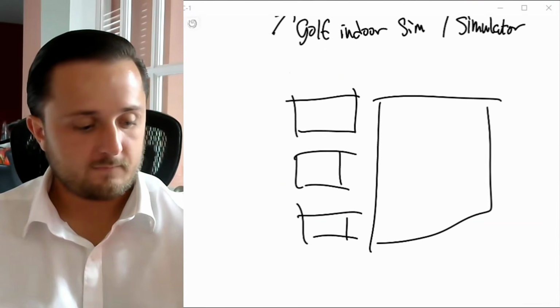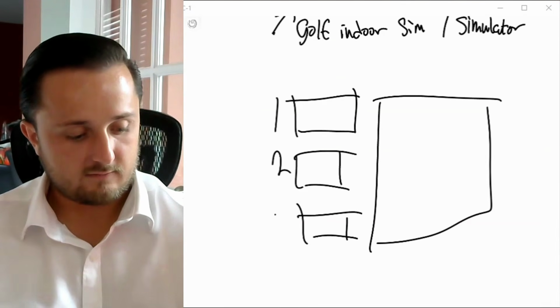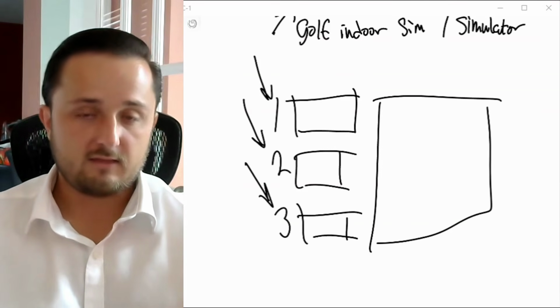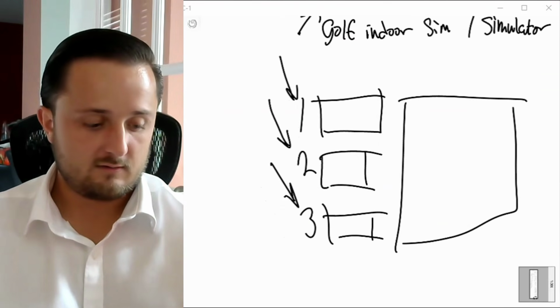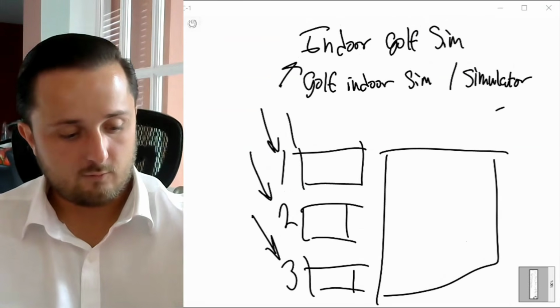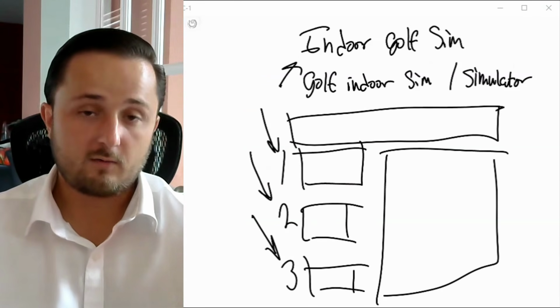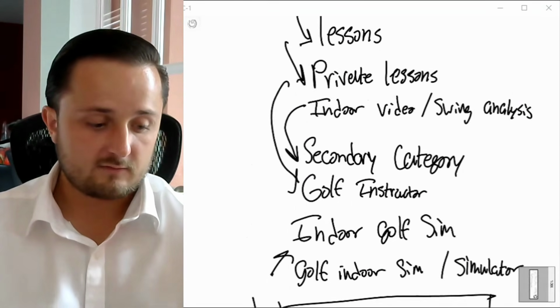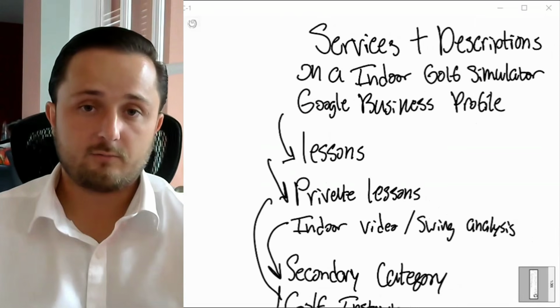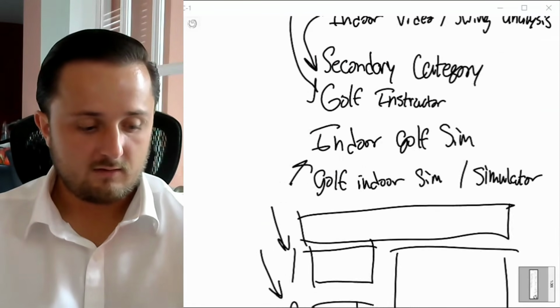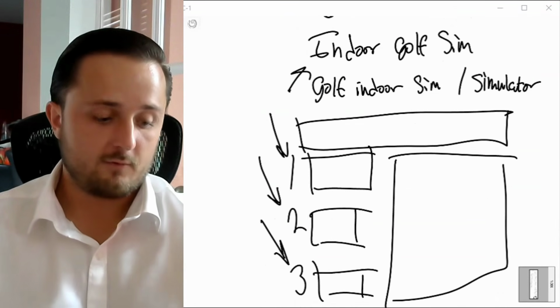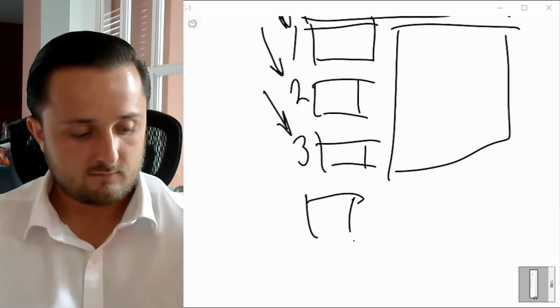The whole purpose of this is that whenever someone goes and searches for these services that we offer, what we want to happen is our Google Business Profile to start appearing in the top 3 spots for these services. If you don't have these services listed on the Google Business Profile, then your profile is going to start appearing lower, right?